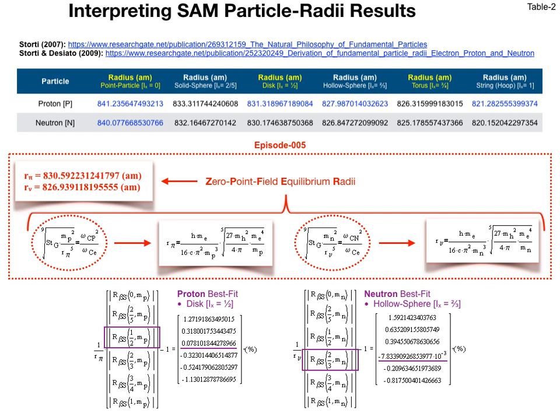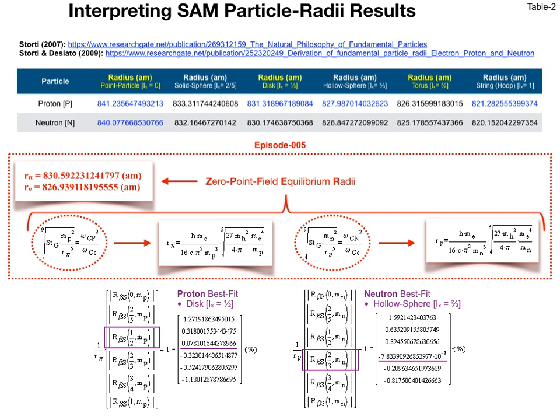At the bottom of the screen, we compare our spin angular momentum solution to the benchmark zero-point field equilibrium radii solutions appearing mid-screen. Our results show that the dissimilarity between Table 2 and the experimentally verified benchmarks are minimized as indicated by the purple emphasis.